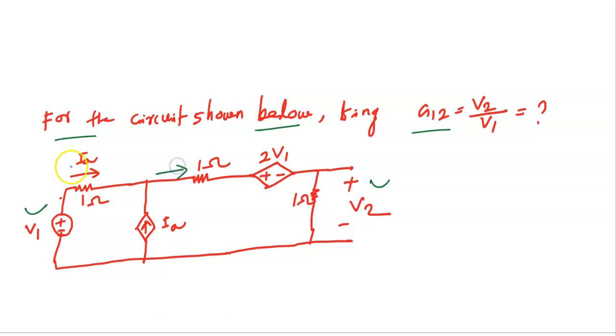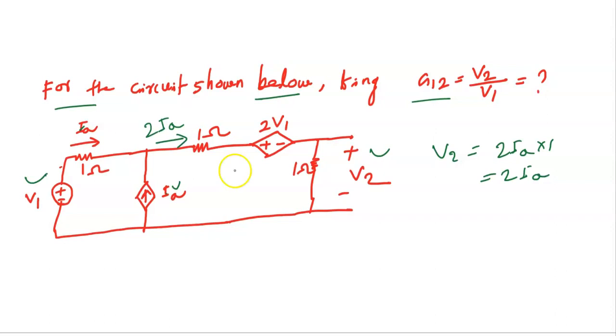equation. You see that this is the I1 coming here, and this is IA, and this is also IA, so you have twice IA here, right? So you can write V2 is equal to twice IA into 1 ohm, which is 2 IA. Okay, now put the KVL around the bigger loop.